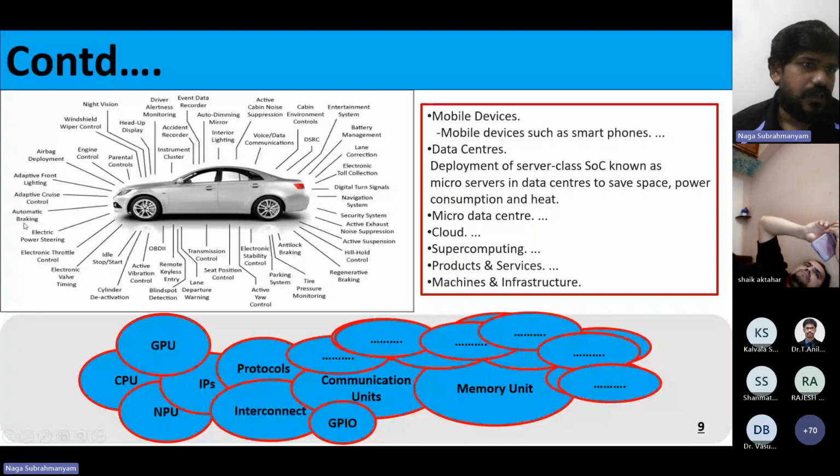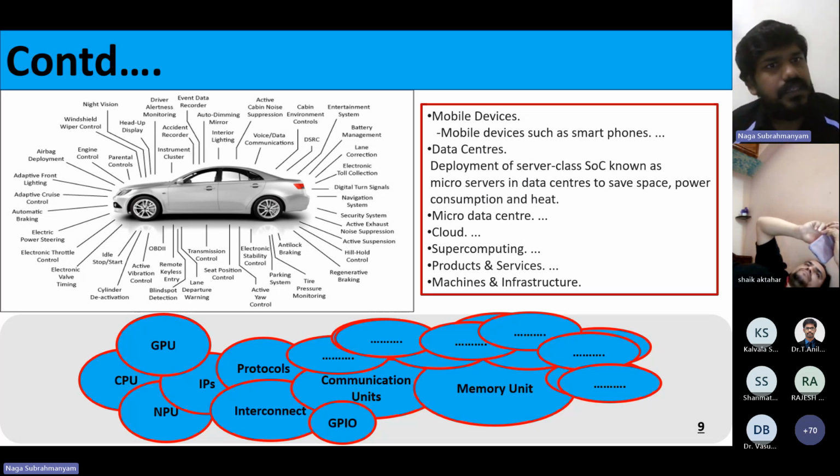For example, on a bike we have an ABS, an automatic braking system, but that cannot be a main part of the module. It can be a separate module, and the main module and this automatic braking system module have to communicate with each other.